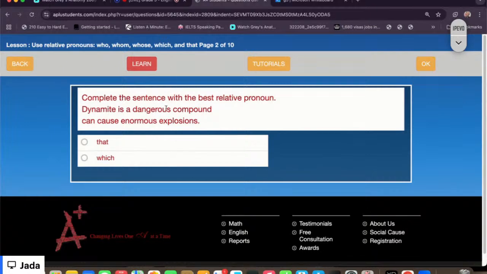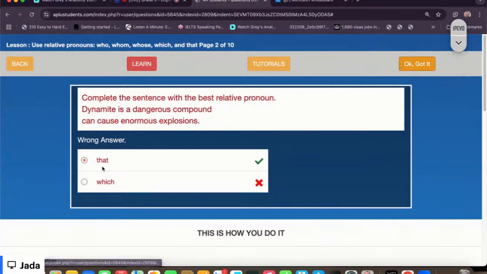So is this that or which? Which? Now this is that, not which. Okay, you guys are all saying which, but you're not paying attention, and this is that. All right?